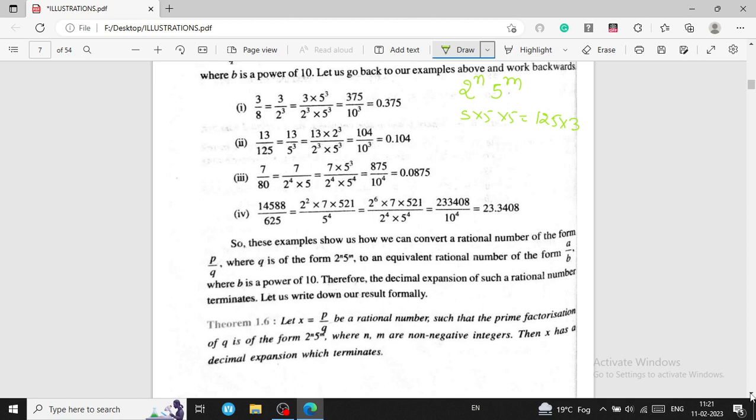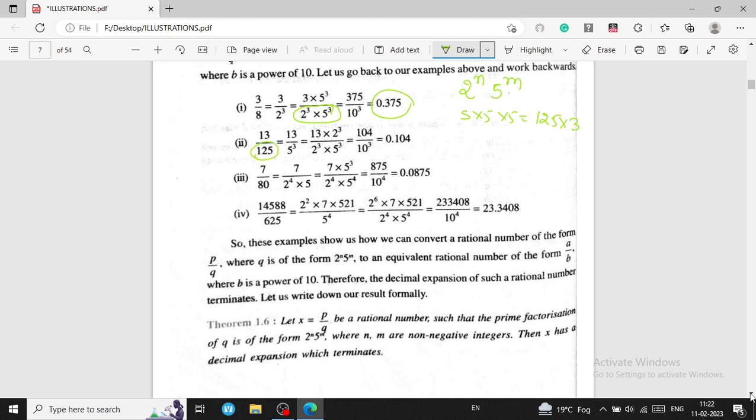Why do we multiply this? Because we have to complete the format of 2 raised to power n and 5 raised to power m. So that's why we use the same values in the denominator and in the numerator. And after that we will find 0.375. Next, 13 by 125. When we factorize it, we get 5 raised to power 3.